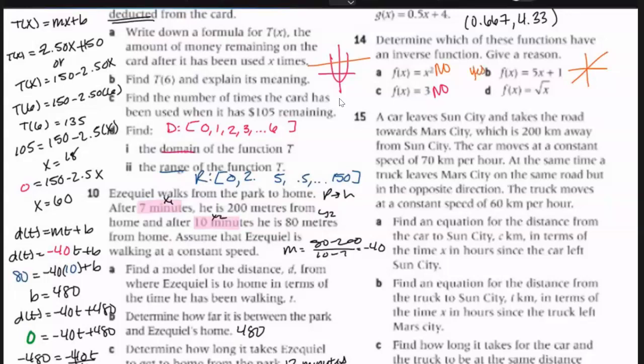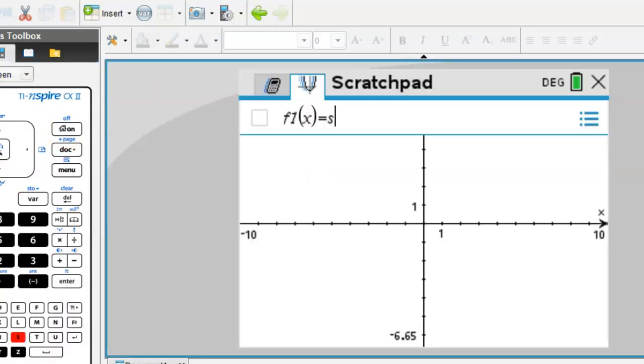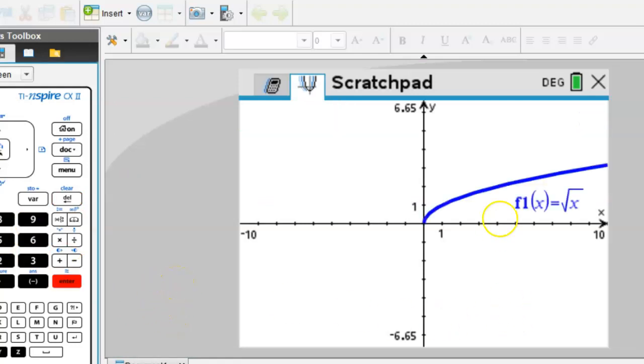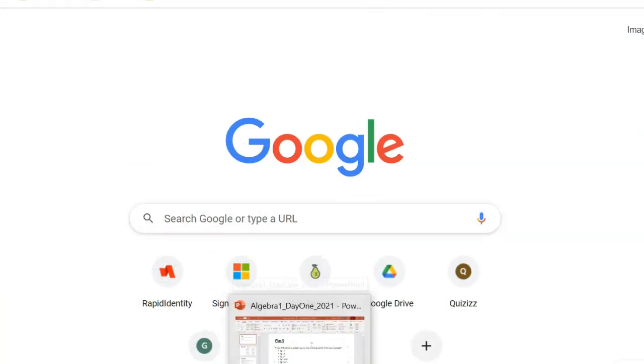And then for the function f of x equals square root x, if I graph this function, you get this. And you can see, hey, this is one-to-one, which is great. And it does pass the horizontal line test. So this function is one-to-one, therefore it can have an inverse.